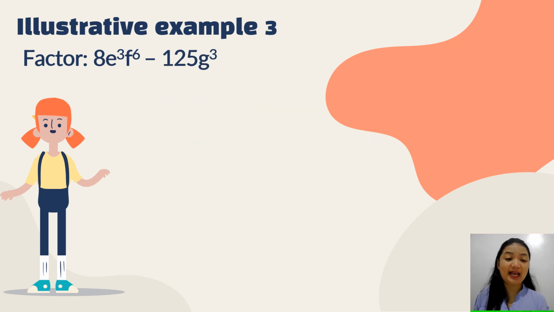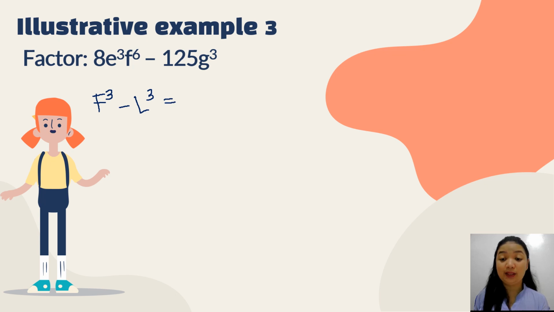For our third example, let us have 8e cubed f to the 6th minus 125g cubed. So again, this is a difference of two cubes. So we have first term cubed minus last term cubed.